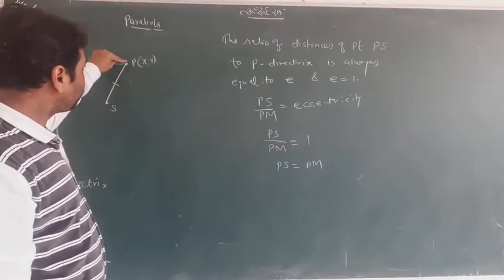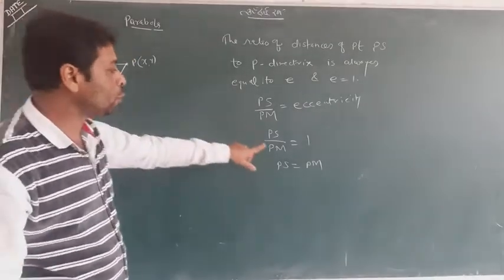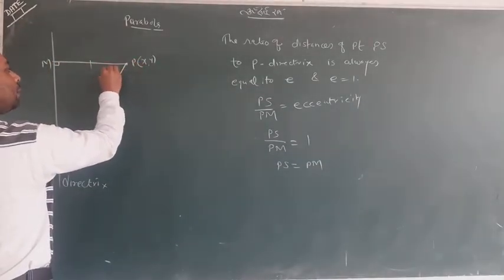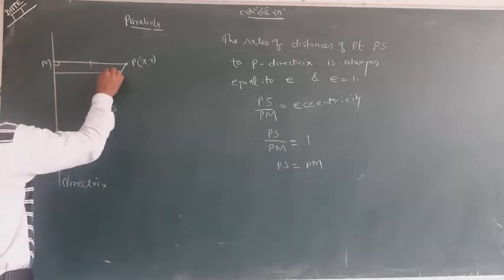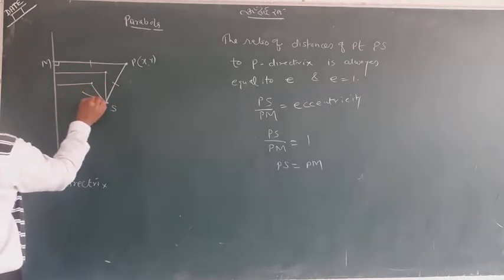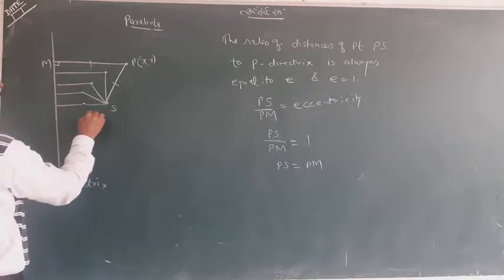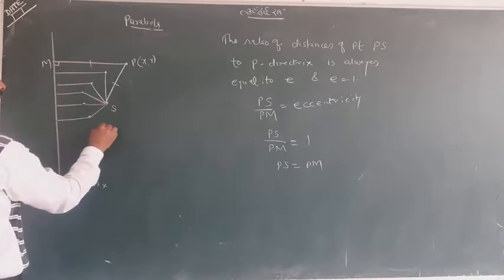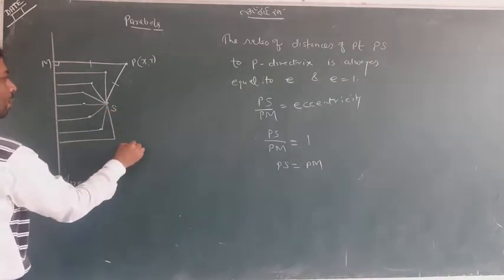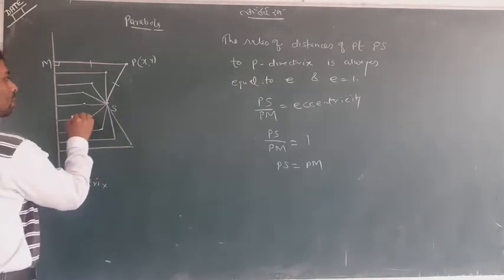And now we will find the path of the P where it follows PS equal to PM. Like if P is coming here, this time PS will be equal to PM. If P is coming here, PS equals PM, and as P is coming here, you can understand that all the way, when we see the path of P, these distances are always equal.